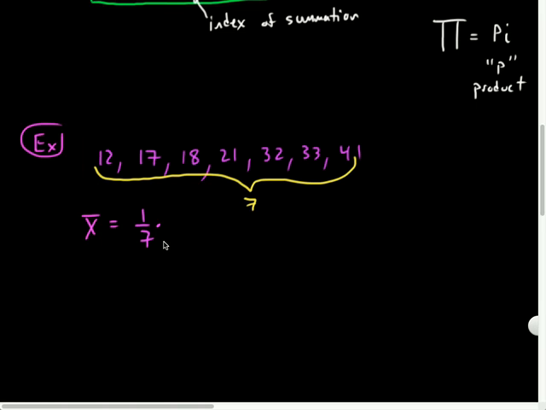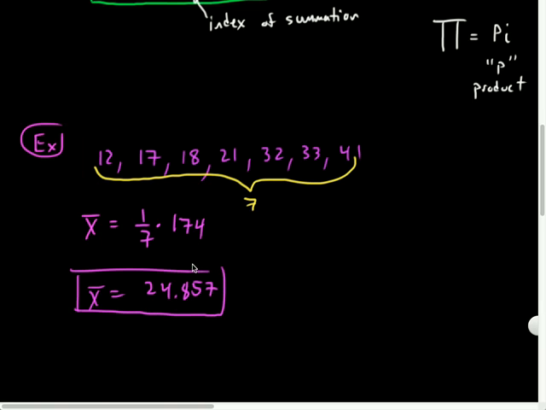All right, now I've got it spaced out. 174. That sounds better. Silly me. 24.857, roughly. That would be my x bar, or my mean, or my common use of the word average. So add them all up, divide by how many there are.